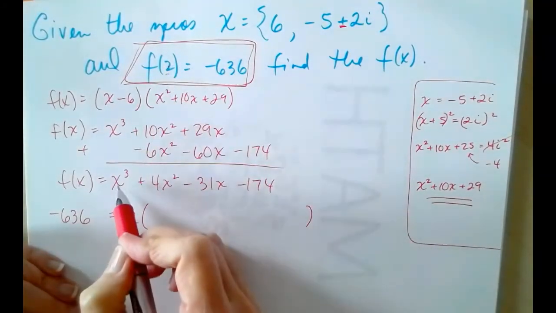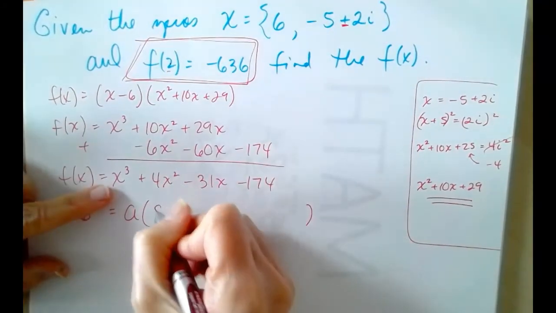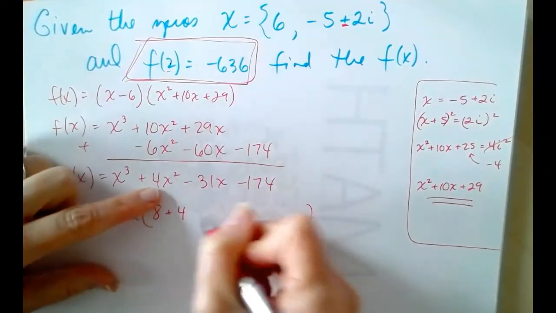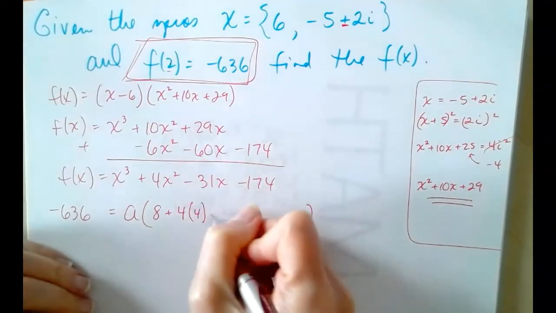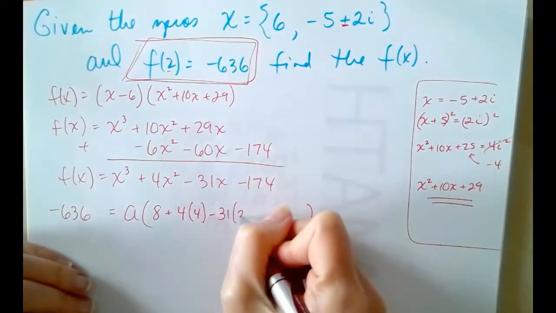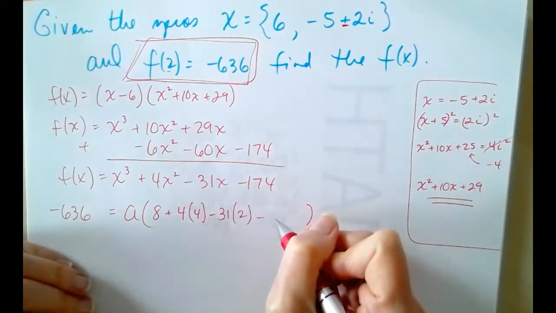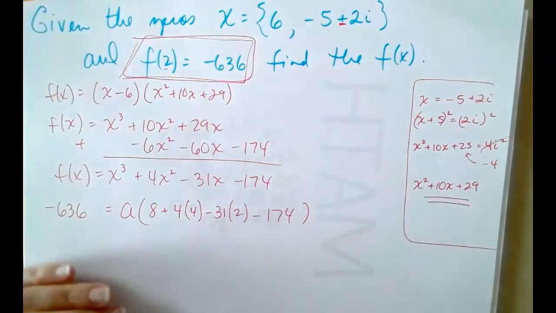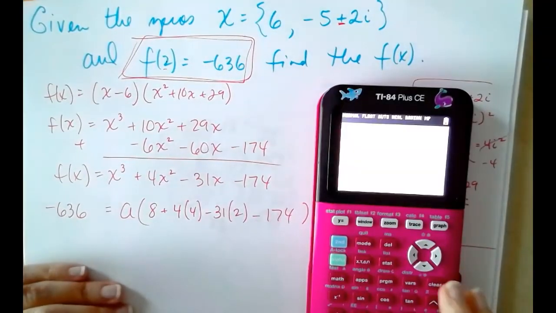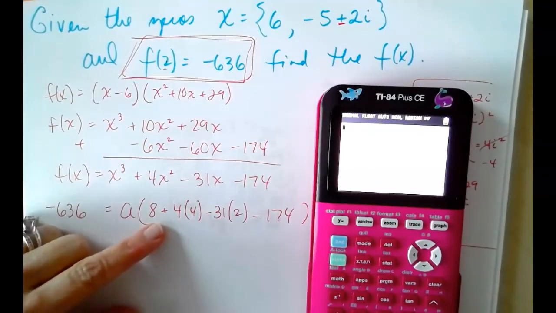So x is 2. 2 cubed is 8. 4 times x squared, which is 4. 31 times 2, minus 174. There we go. So bringing in my handy dandy calculator.